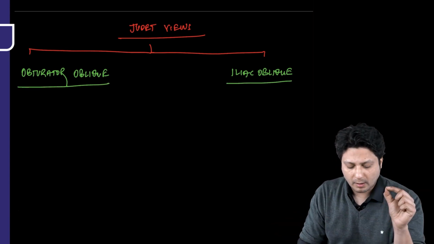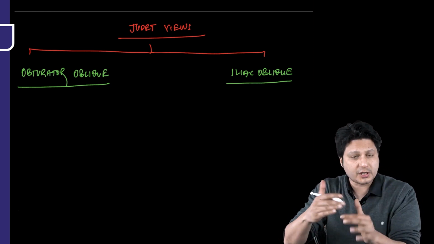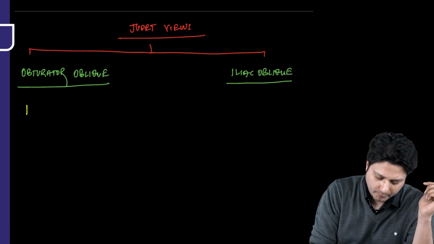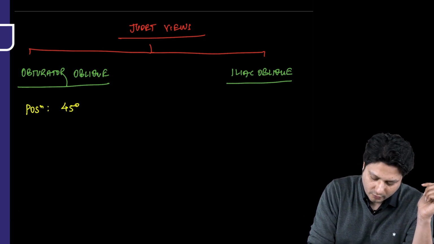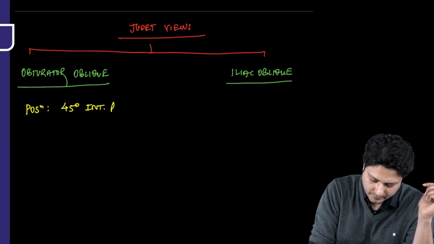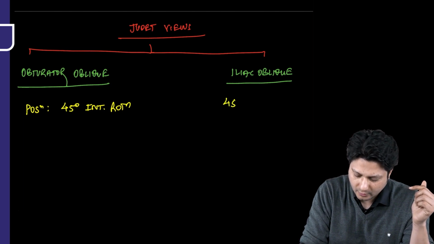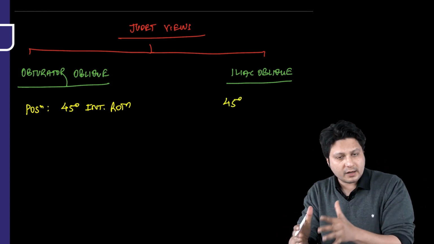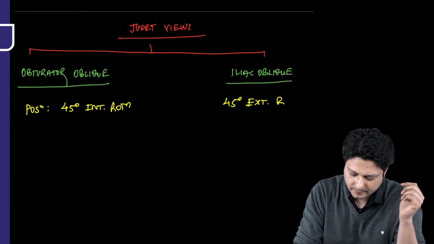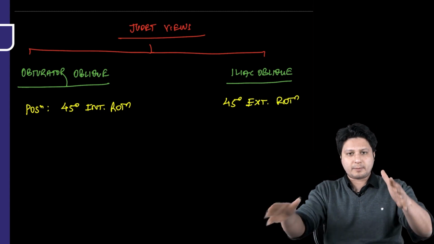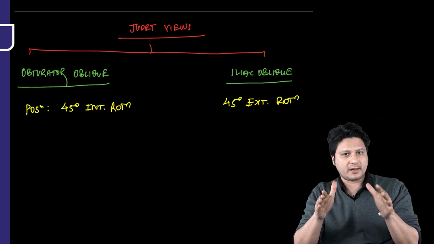Now if you talk about the obturator oblique, what is the position in which the patient is kept? The position in which the patient is kept is 45 degrees of internal rotation. While the iliac oblique is obtained when the hip joint on the affected side is in 45 degrees of external rotation. Now just try to understand. Imagine there is a patient who is lying supine on the couch and the X-ray beam is projected from the superior aspect.